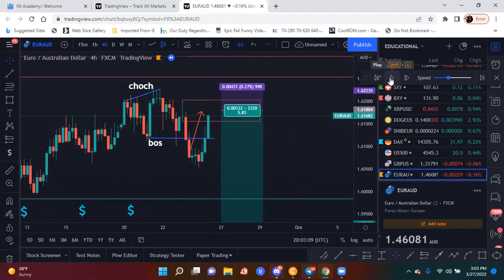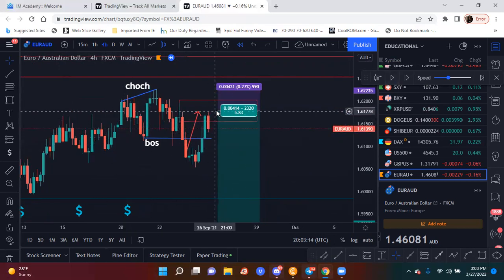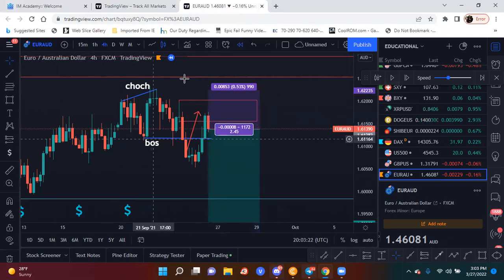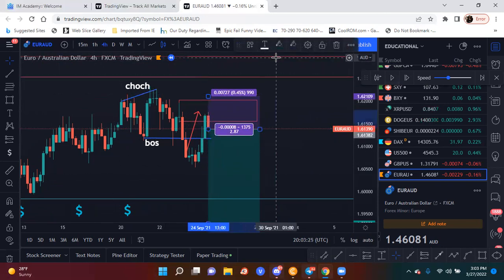So let's see what happens. All right, so it rejected. Honestly, if this was a lower time frame, I would have gotten in on a lower time frame. But for the sake of this video, I'm gonna put it below this supply zone. So we have the breaker structure, the change of character.